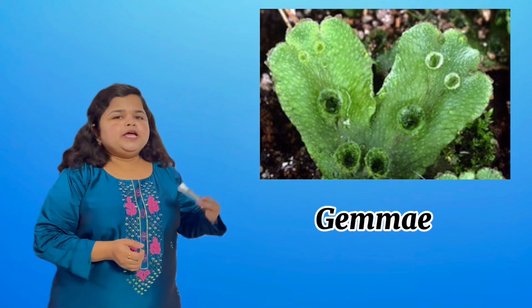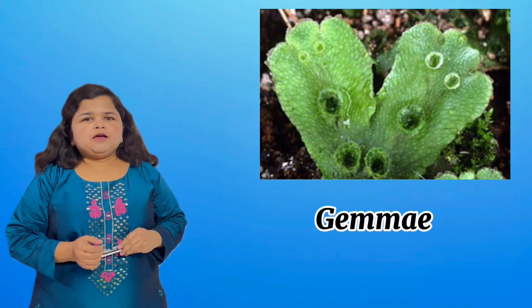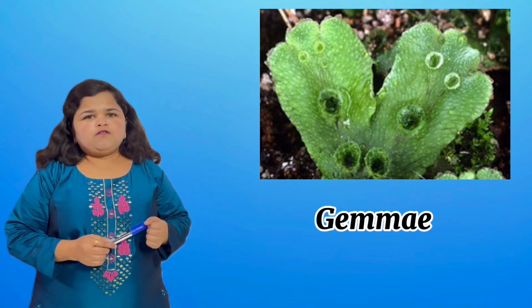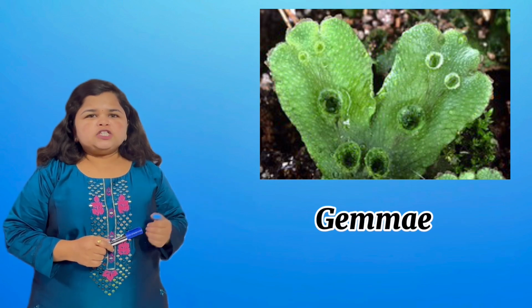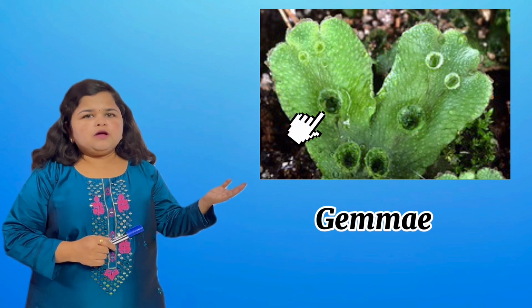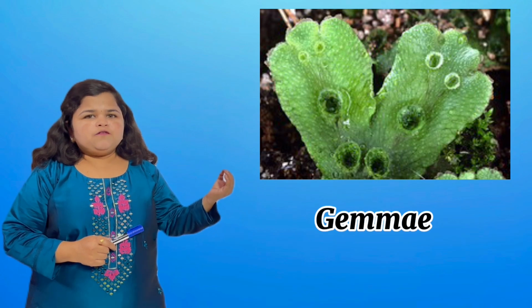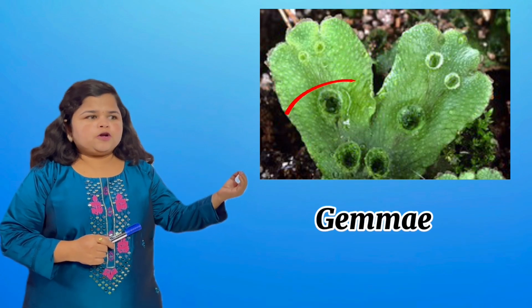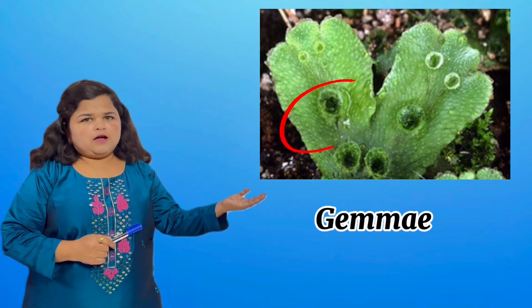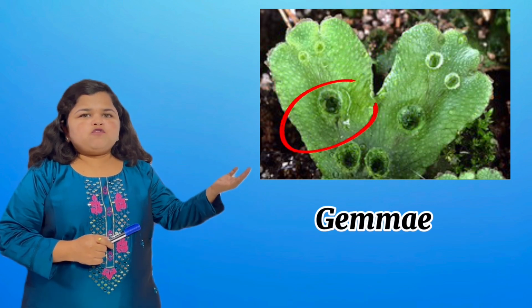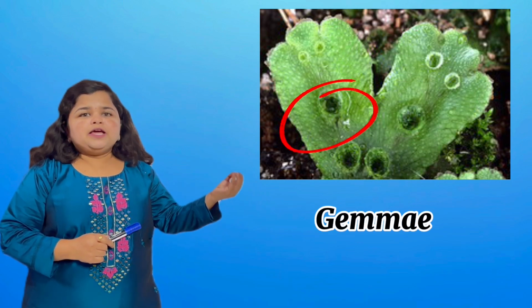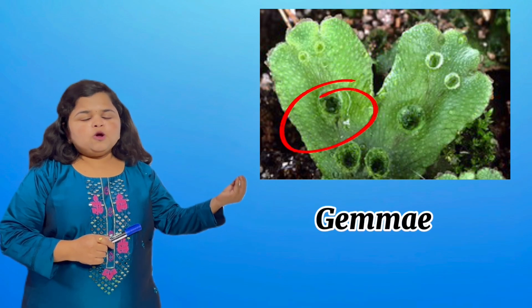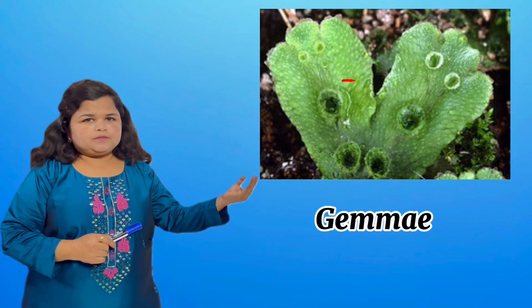In this image, you can see the thallus of Marchantia, on which there are green multicellular asexual buds, which means gemmae, the asexual reproductive buds of Marchantia. These buds are formed on the thallus in the small receptacle known as a gemma cup.